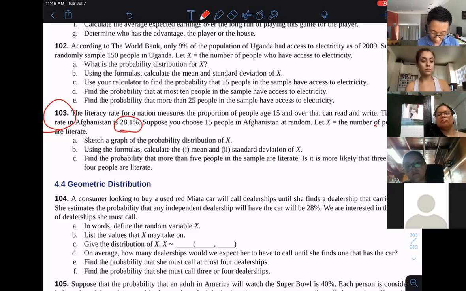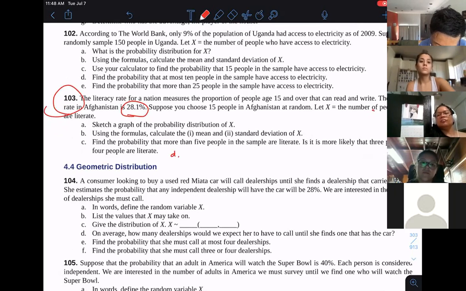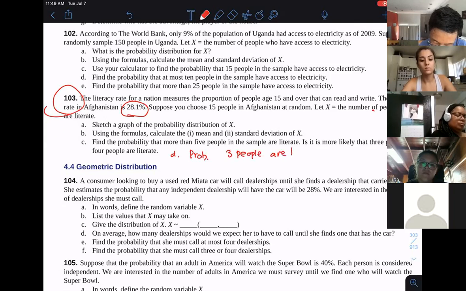So here, what we can do is I'm going to look at part C. It says find the probability that more than 5 people. Here, I'm going to see part D. Find the probability that 3 people are literate.